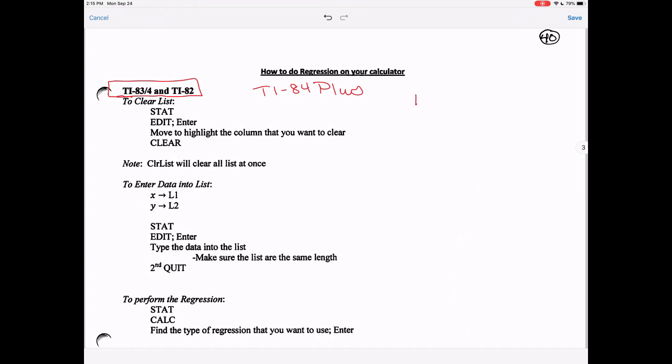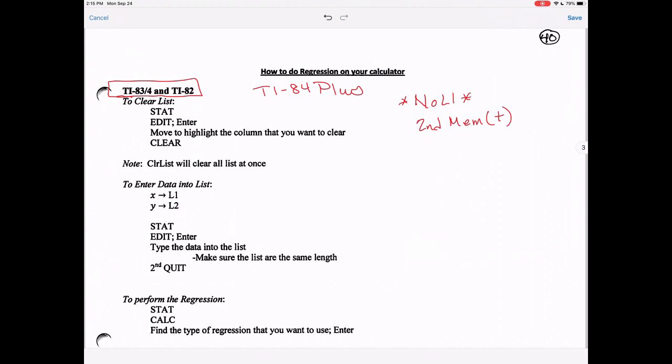If you have no L1, if for some reason your L1 column has disappeared, then you need to hit second, MEM. Memory is the plus sign.